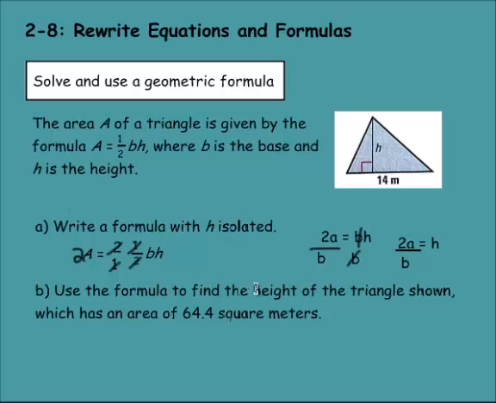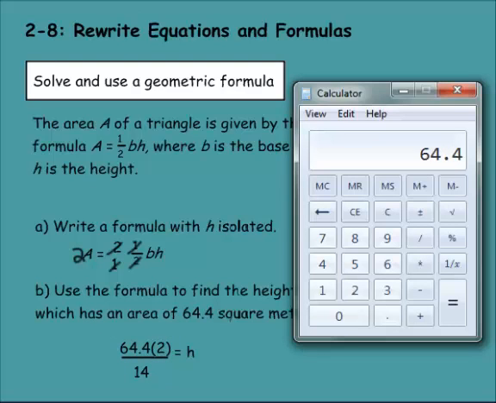So we're going to use this formula now. We use the formula to find the height of the triangle shown, which has an area of 64.4 square meters. Well, A is area, B is base. So I know what that area is, 64.4. 64.4 times 2, because it's 2 times the area, over the base, which is 14. That's going to equal our height, our H. So let me finish this problem here. So first let's do 64.4 times 2.